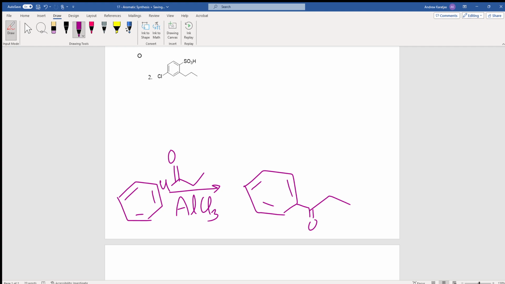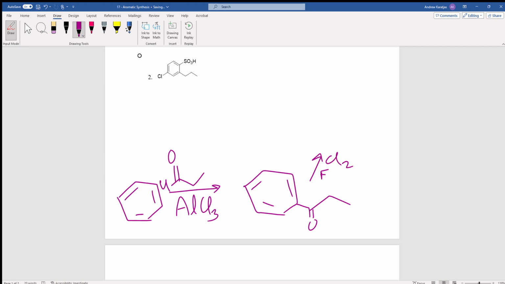Now that acyl group that we've added is an electron withdrawing or a meta-directing group. So we could use this to direct any group that's going to be meta to this chain.